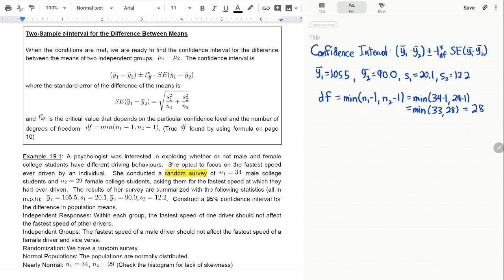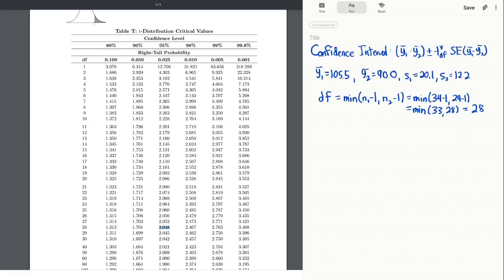And we want to construct a 95% confidence interval. Okay, so now to find our critical value, we will use our t-table. Okay, so for 95% confidence and 28 degrees of freedom, the critical value is 2.048.